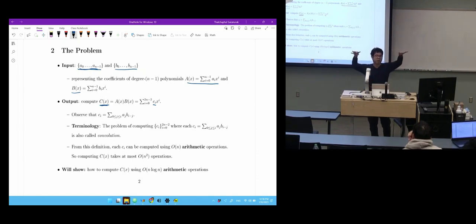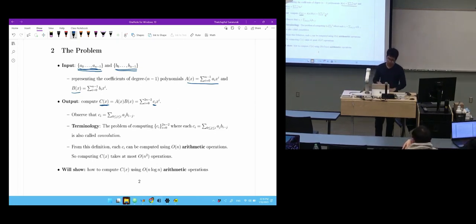List of coefficients for A and B, and I want the list of coefficients for C. If A has n numbers and B has n numbers, the coefficient list of C is going to be something like 2n, right? Because the degree of the polynomial increased from n to 2n.